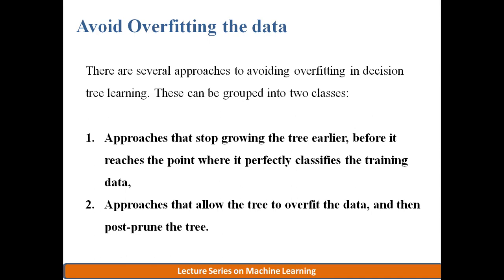The first approach is more direct, but the second approach, that of post pruning overfit trees, has been found to be more successful in practice, because in the first approach there is a difficulty in estimating precisely when to stop growing the tree.